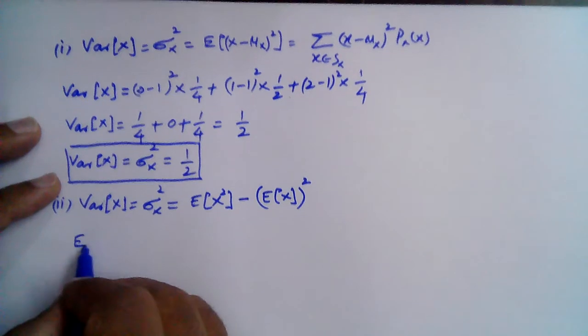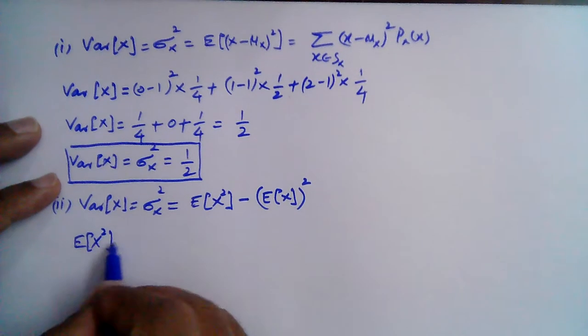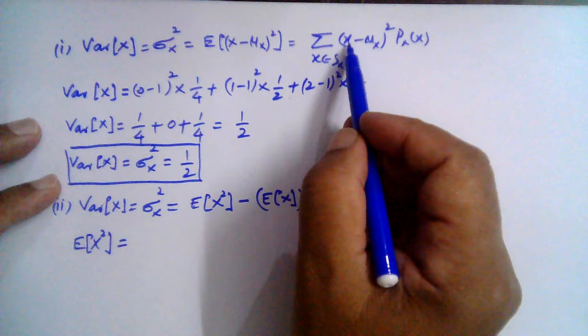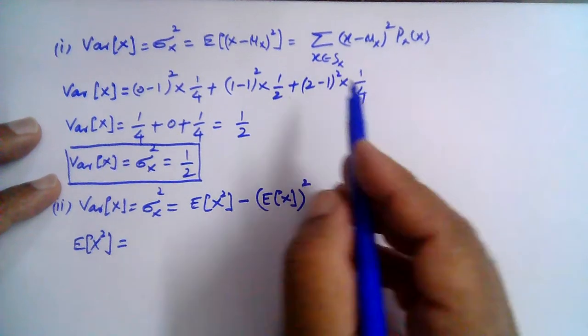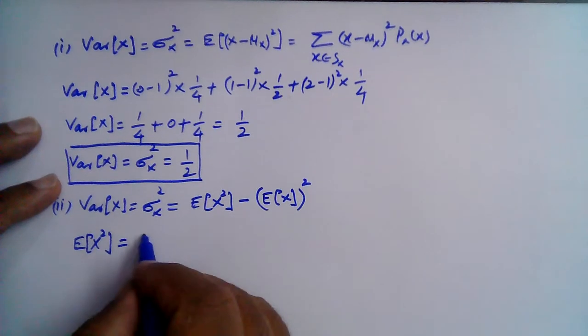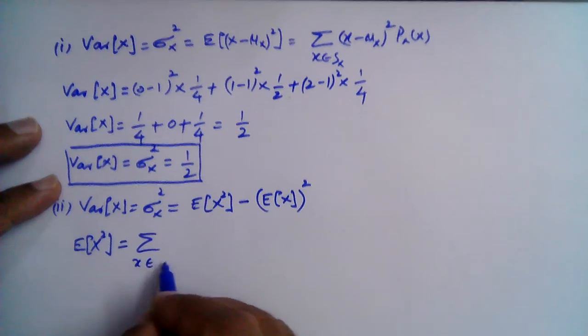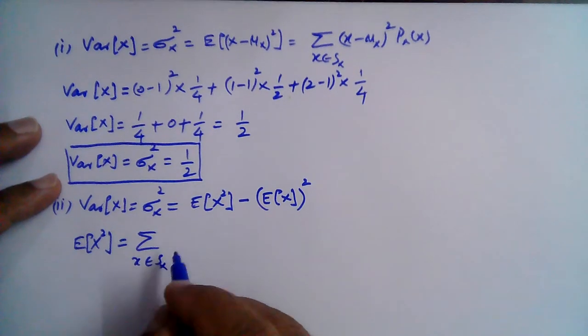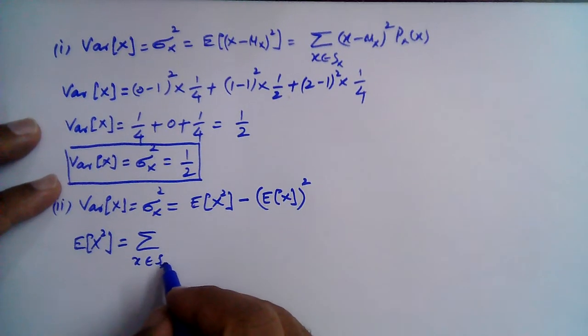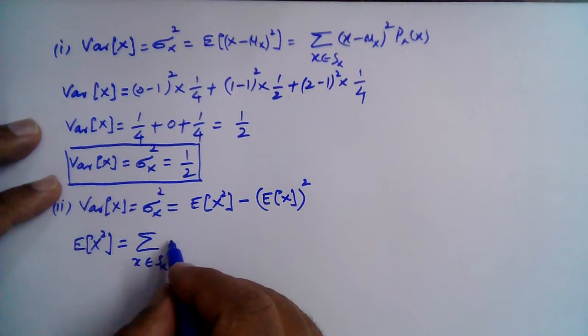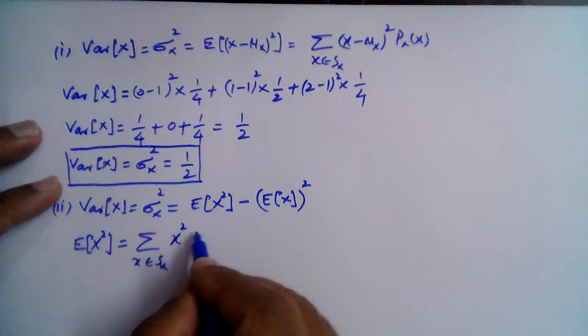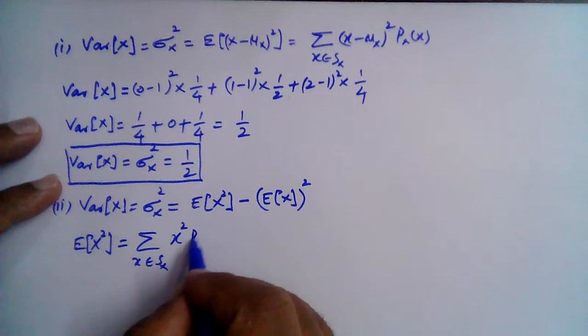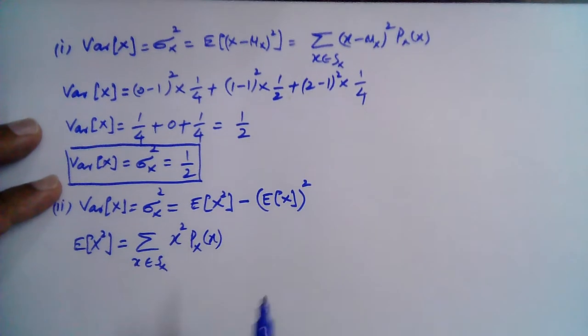So for the expected value of x square, we just need to replace this thing with x square, right? So this is equal to the summation over all the possible values of x. We need to multiply x square with the corresponding probability.